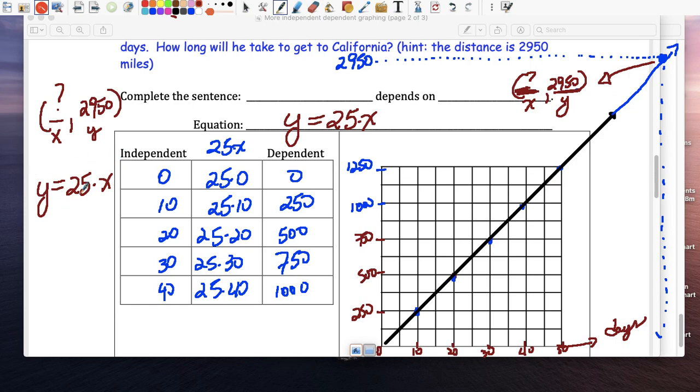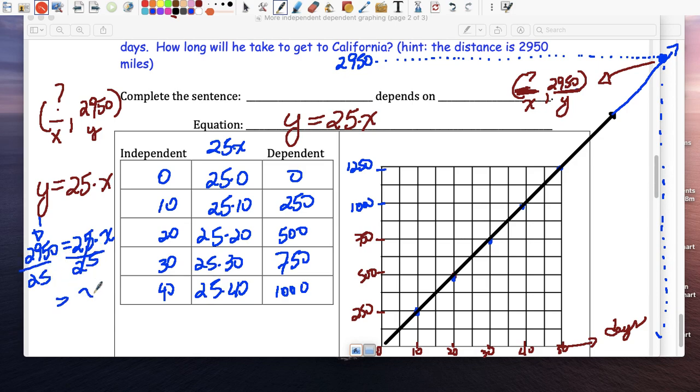Here's my equation. My equation has 2 variables. I know one of the variables. I know what y is, 2,950. I need to find what the x is. Well, let's use that to our advantage. So y, let's replace that with 2,950. So if he walks a total distance of 2,950 miles, how many days would that be? Well, every day is 25 miles. And we're going to divide this by 25 and this by 25.